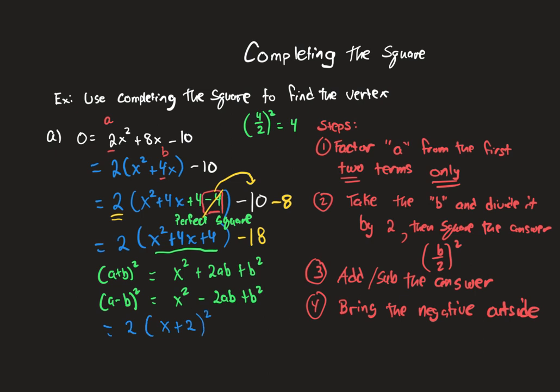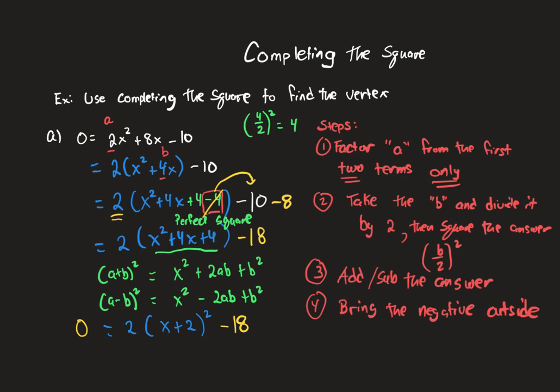And the reason why I'm using the plus is because it's a plus there. Don't forget about the outside. We've got minus 18 on the outside. And this is using completing the square to turn it into vertex form.